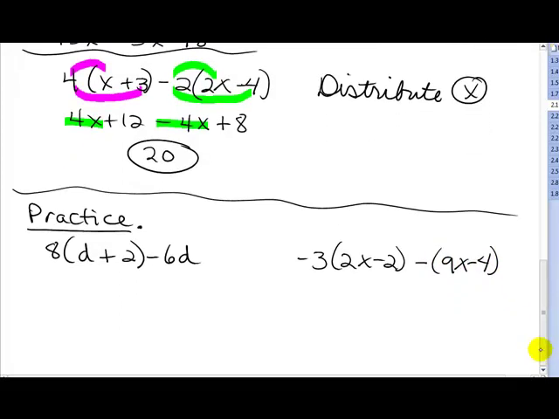Okay, you know the drill. Write it down, pause, do the math, and come back and check it.